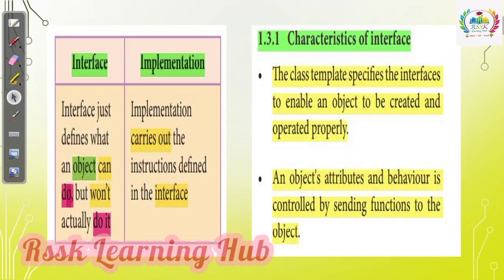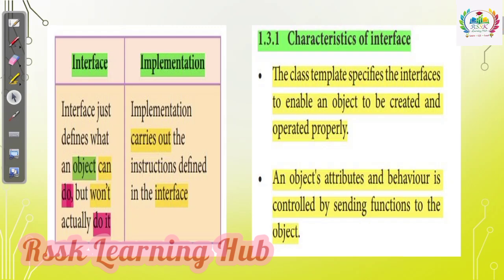See the characteristics of interface. You have two main characteristics of interface. It may be asked as a 3-mark question. The class template specifies the interface to enable an object to be created and operated properly. So you can create any number of objects for a class template and you have to check whether it is operated properly. This is your first point.